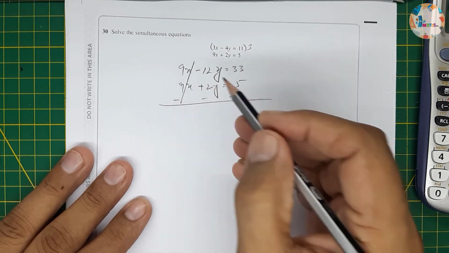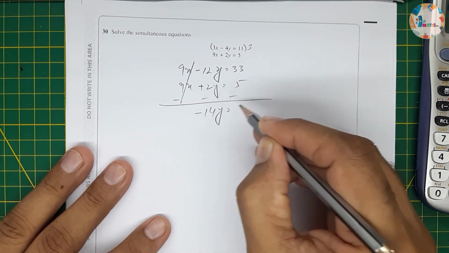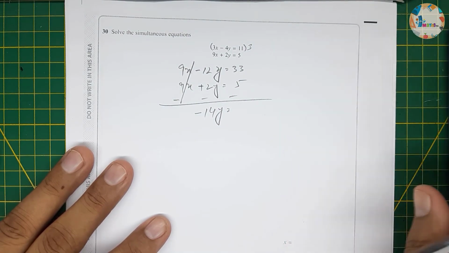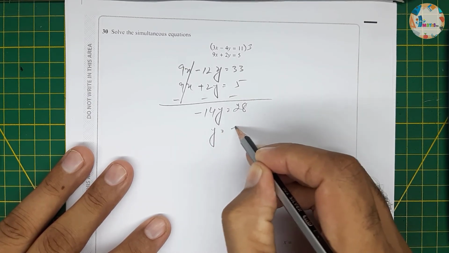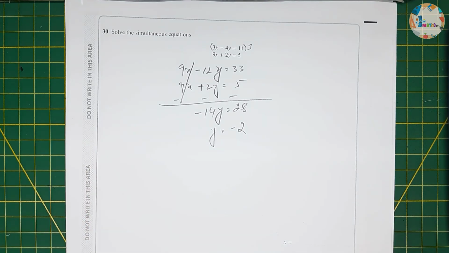So changing signs, this will be gone, and this will be minus 14y is equal to 33 minus 5, which is 28. So y will be equal to minus 2.